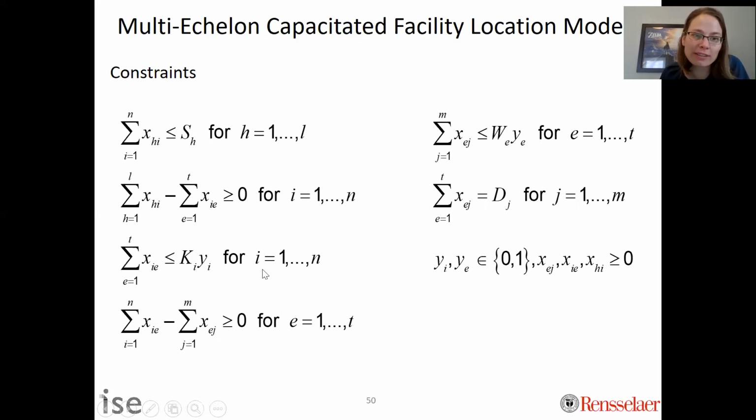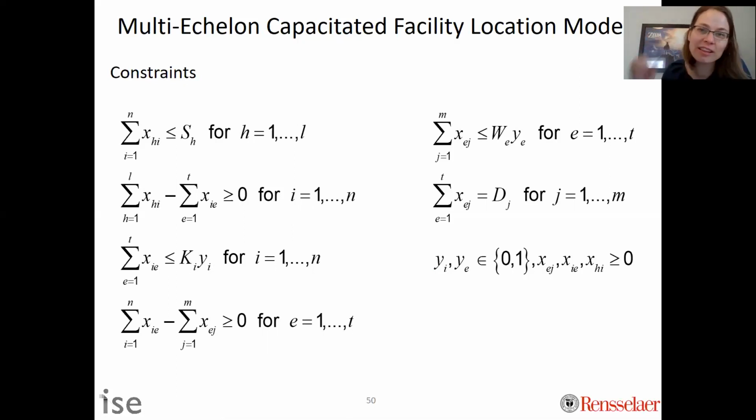You will also see, if I skip down to the third equation, a similar thing going on, but now all of a sudden on the right-hand side you have this yi. That's because we are determining factory locations. So this is saying we only have so much capacity at each factory, but we get to determine where they are. This is that fixed charge capacity constraint. So I only have capacity if yi is 1, if I decide to build the factory there.